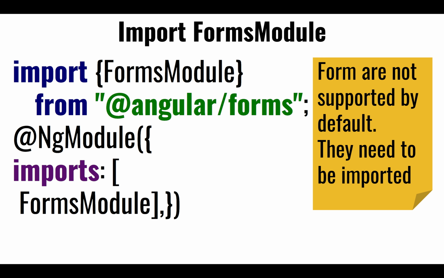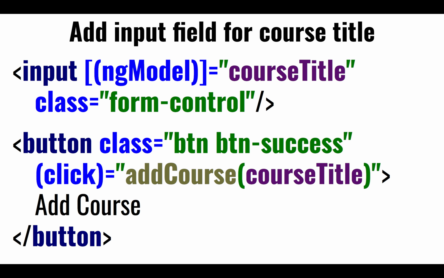Now your application can deal with input fields, drop downs, anything that has to do with forms, checkboxes, radio buttons, anything that is form related. Okay, so that's the only caveat, the only thing you need to do to turn on dealing with forms.